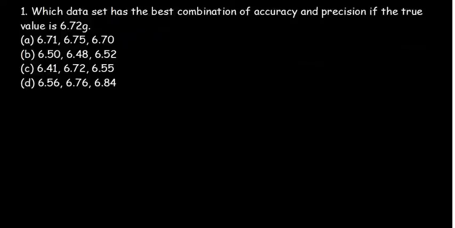Which data set has the best combination of accuracy and precision if the true value is 6.72 grams? What does that mean? So if the true value has been given, for you to determine the accuracy of a value, you would have to compare against the true value.